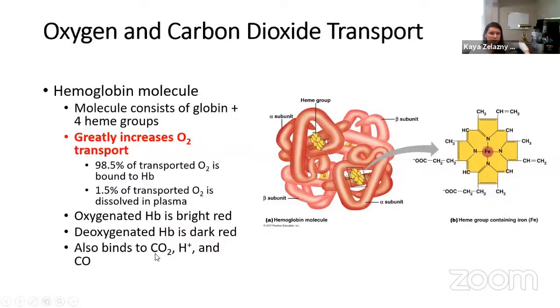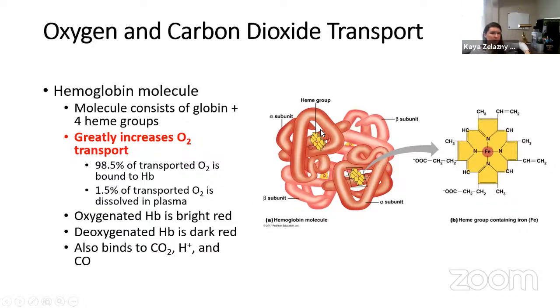Hemoglobin does also bind to some other things. So carbon dioxide, proton ions, and carbon monoxide. So carbon monoxide, you may have heard of carbon monoxide poisoning. It actually competes with oxygen to bind into those heme groups, which is why it's dangerous, because hemoglobin actually likes carbon monoxide even a little more than it likes oxygen.